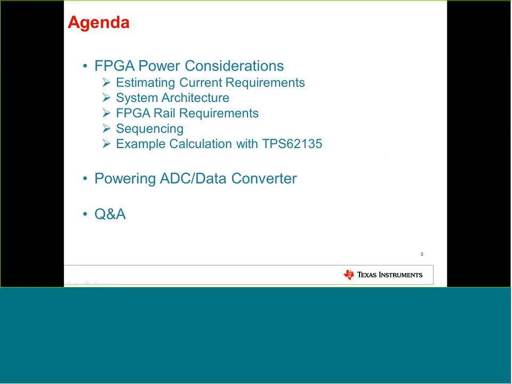Then we talk about the FPGA rail requirements. We will also have a look at different sequencing options for the different rails. And at the end of this part, we will have an example calculation on our new 62135 DC-DC converter.